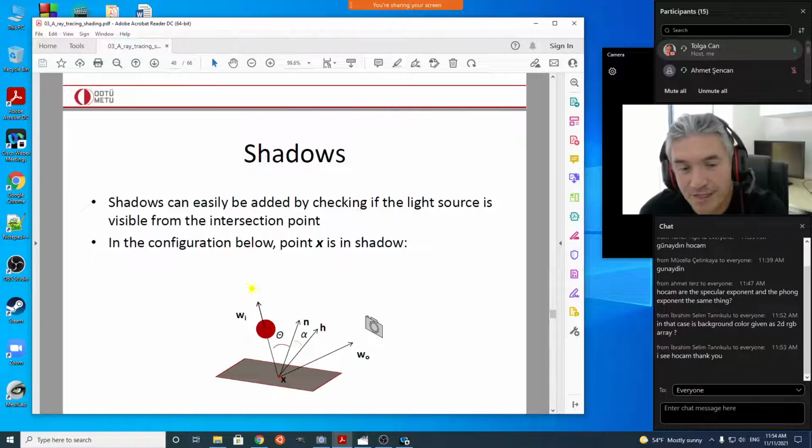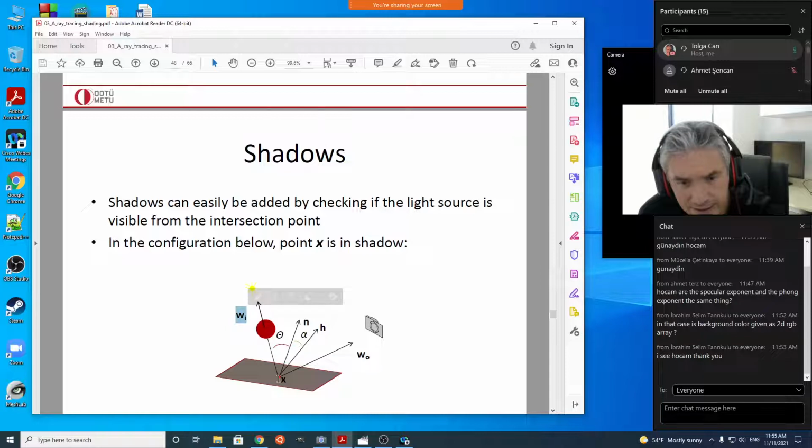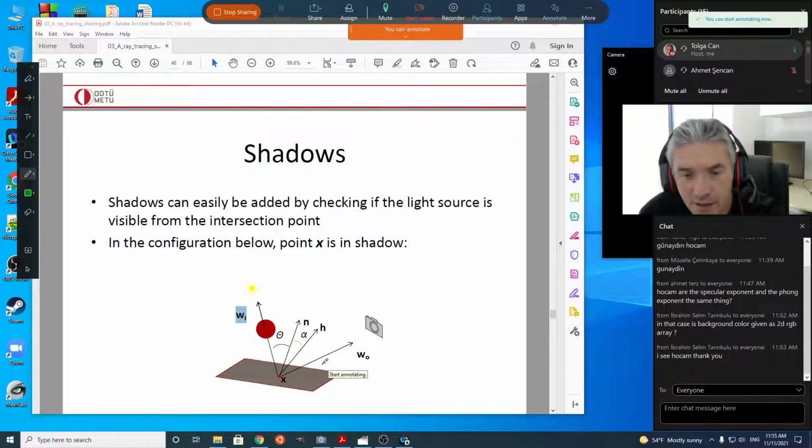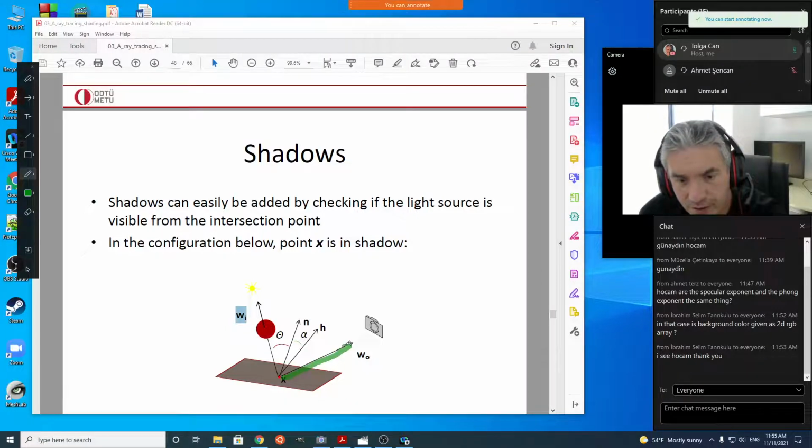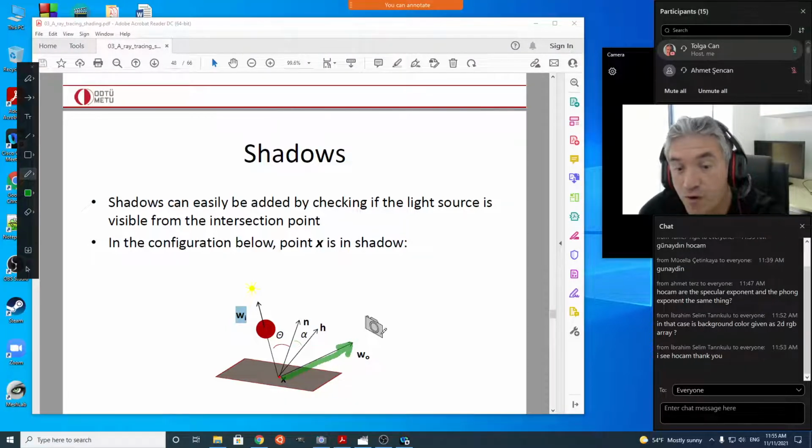When you're computing that diffuse color or specular color for a light source, we already have this vector W_I and this intersection point. So this W_O is the to-view or to-eye vector. Let me turn on annotate. We compute this vector, which we call the to-view vector in the code that we have written.